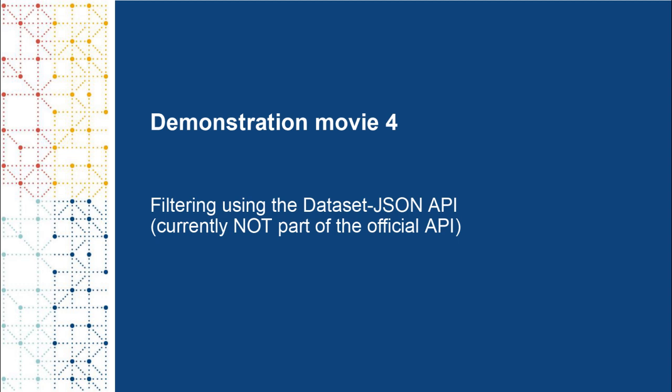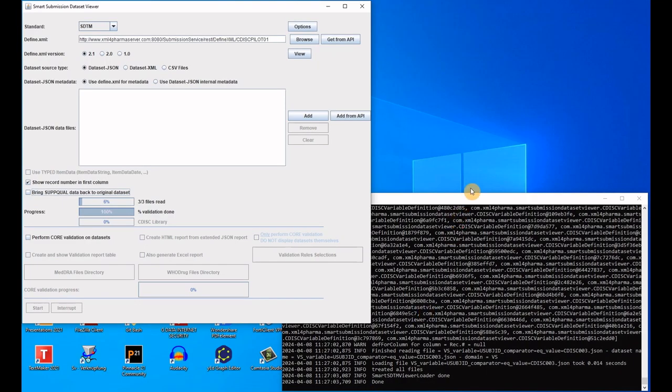In the last movie, I will demonstrate the use of the API for filtering. I must emphasize that filtering is currently not part of the official API. I just made this extension to demonstrate the possibilities. For filtering, we use API query parameters.